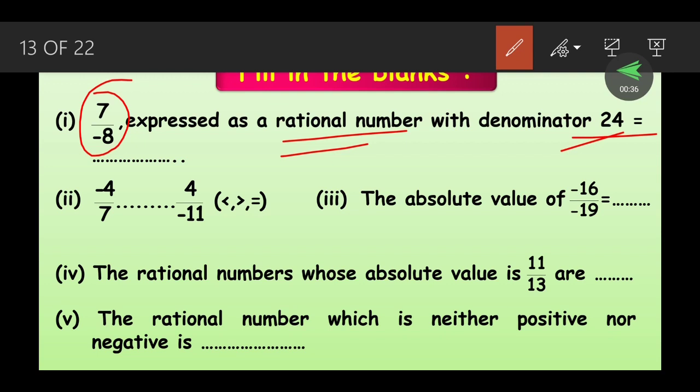So here, whenever you have negative denominator, first you have to make it as positive. Minus will go upside. It will become minus 7 by 8.